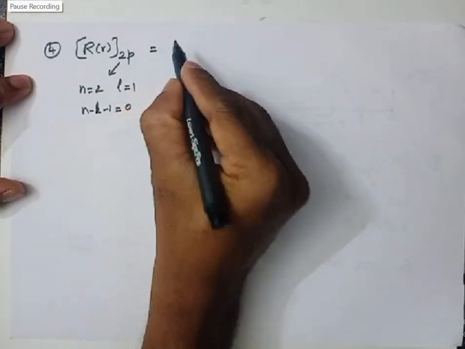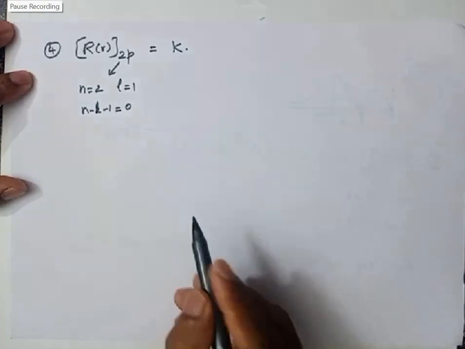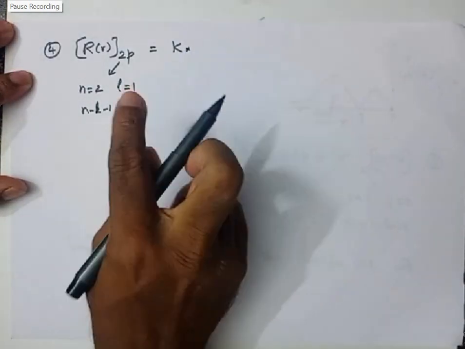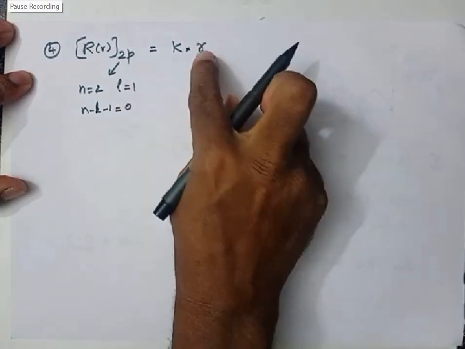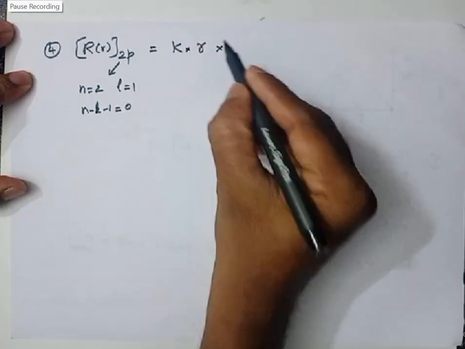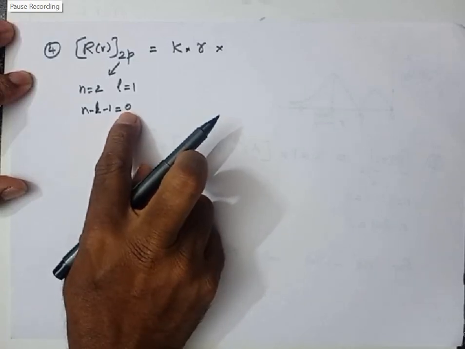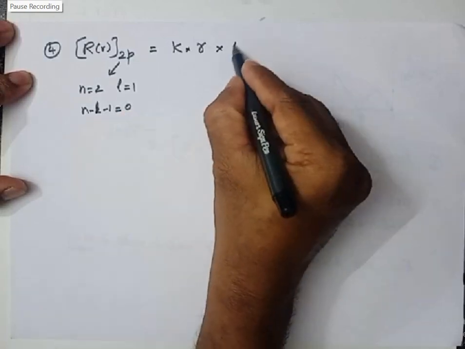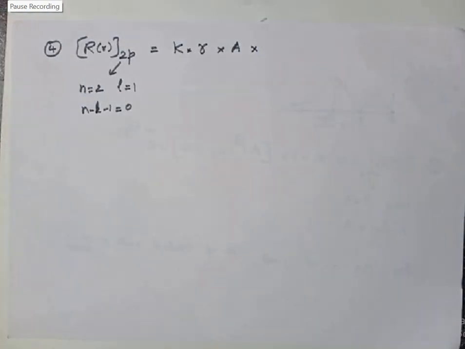Therefore, how does the radial part of the wave function look like? K into r, since l equal to 1, r power 1 should be there. Then, what about the polynomial? Degree is 0. That means there should be a constant, correct? Degree 0 means there should be a constant.